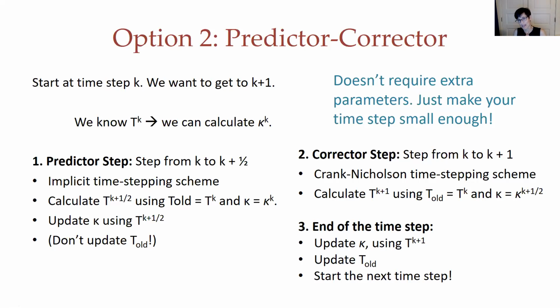So it can be a little bit more efficient than iterating, right? Iterating is still the most common one that I see in the models that I use. But predictor corrector is kind of cool. Okay, so you have 2 options for this.